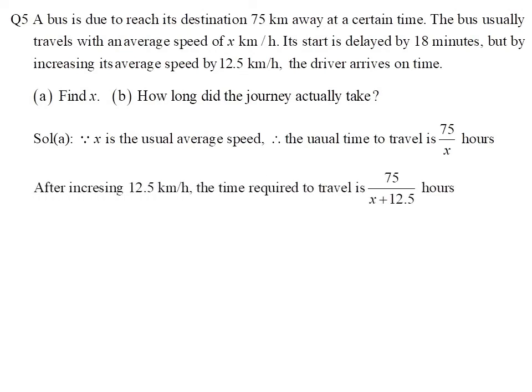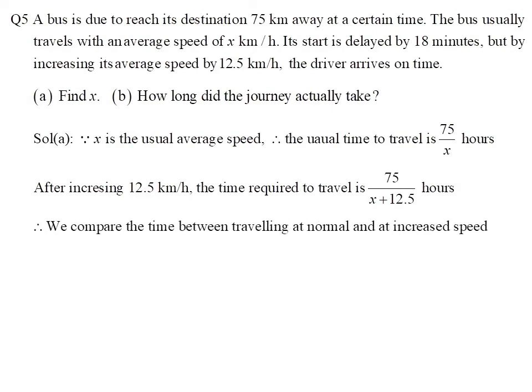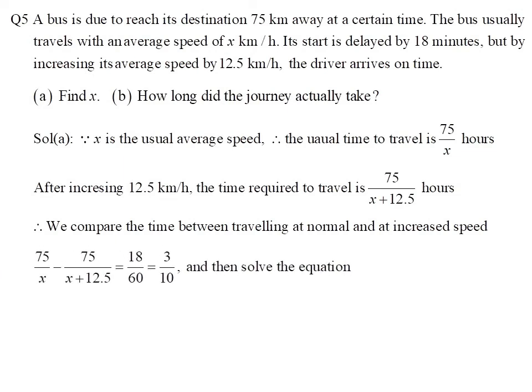After the speed is increased by 12.5 km per hour, the required time to travel is 75 over the sum of x and 12.5. Now we can compare the required time between the bus traveling at normal and at increased speed. According to the given information in the question, the difference is 18 minutes.